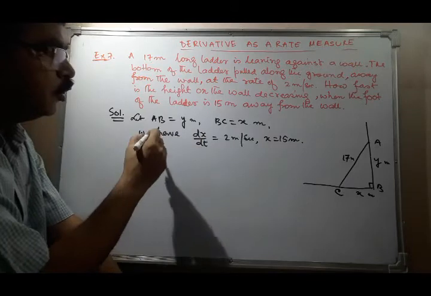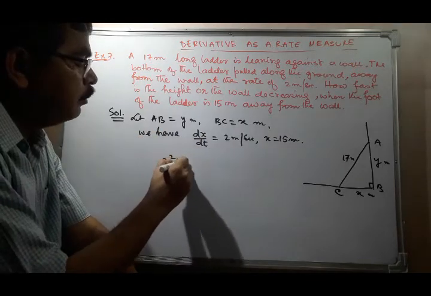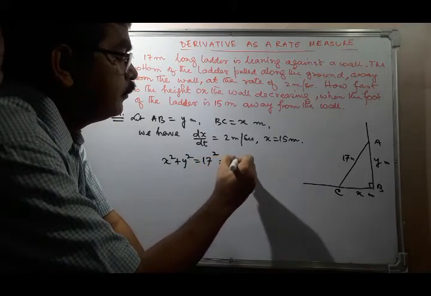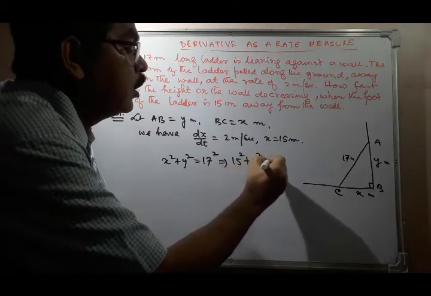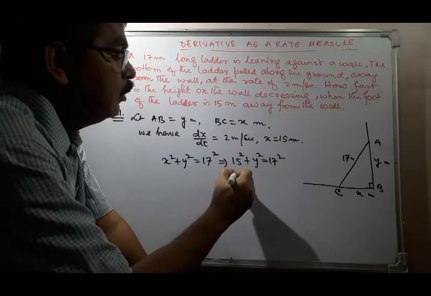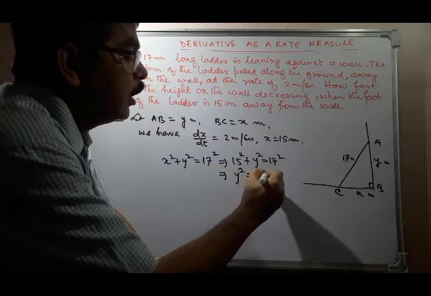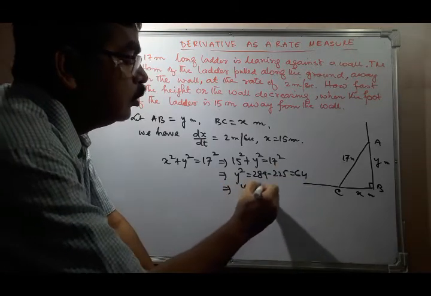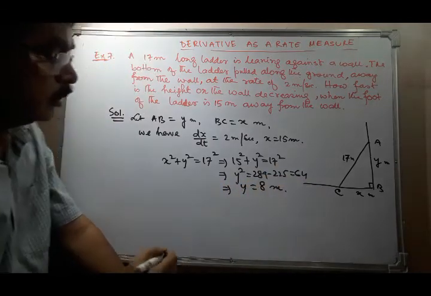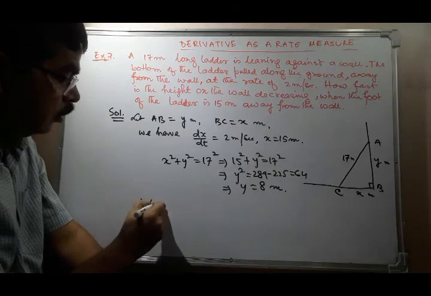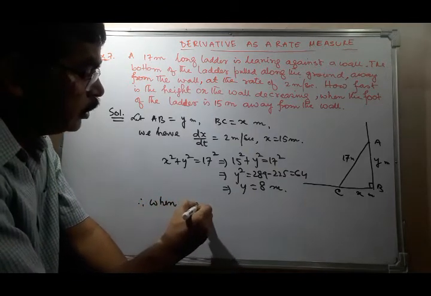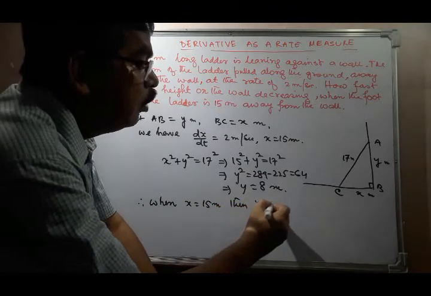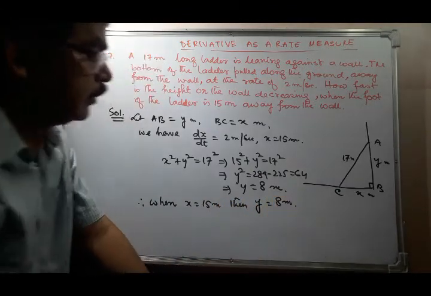Using Pythagoras theorem, what are we getting? x square plus y square equal to 17 square. That is 15 square plus y square equal to 289, so y square equal to 289 minus 225, 64. So y equal to 8 meter. So therefore when x equal to 15 meter, then y equal to 8 meter.